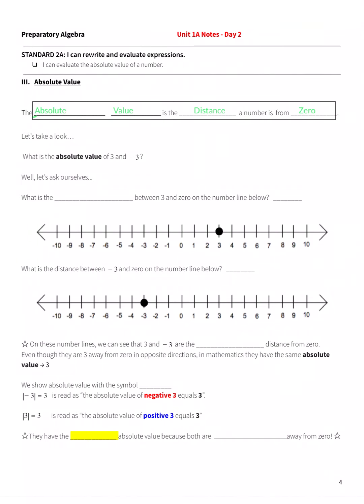Let's look at it and make sure you have this written down first, okay? Now, what is the absolute value of 3 and -3? Well, let's ask ourselves, what is the distance between 3 and 0 on the number line below? So if I look here, I'm looking at the absolute value of the number 3. 3 is right here.